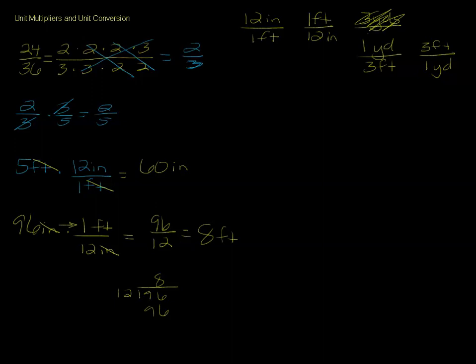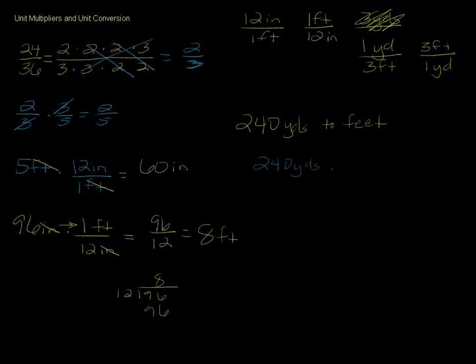Let's try some more. Let's do 240 yards to feet. See if you can do this one. Pause it and see if you can do that one on your own. So we have 240 yards on top.